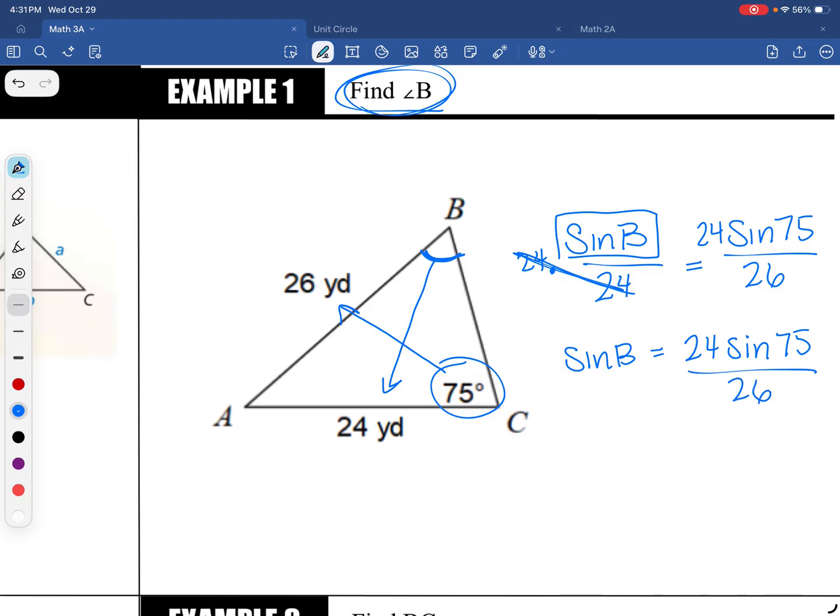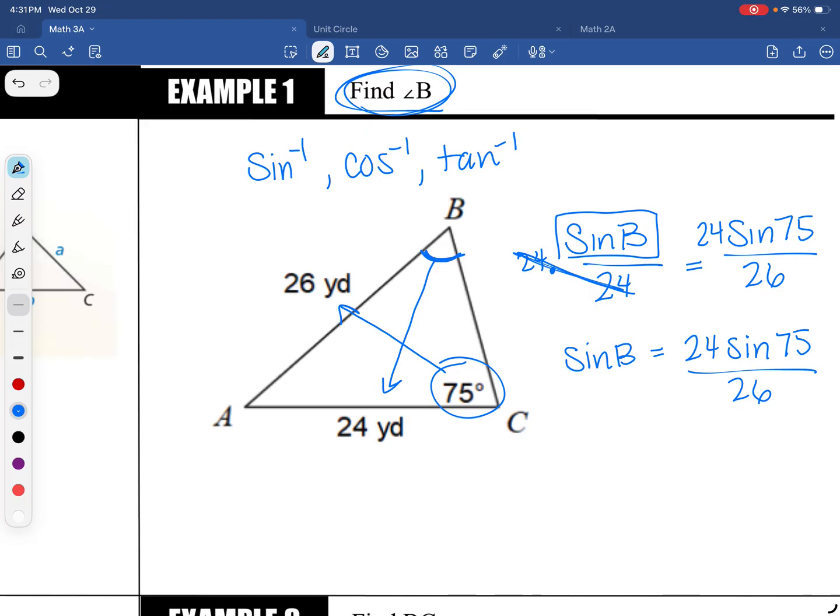Okay, remember from a couple weeks ago, when we were talking about solving triangles, we said that if you're trying to solve for an angle like B, you need to use the arcs, which are the inverses. So sine -1, cosine -1, or tangent -1.